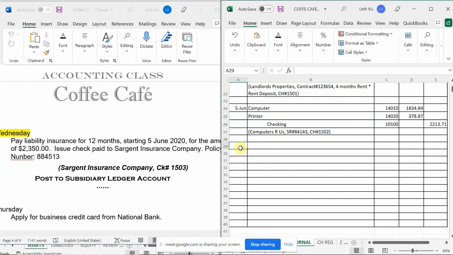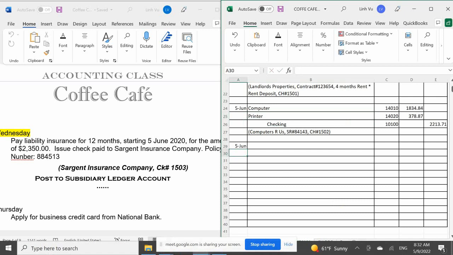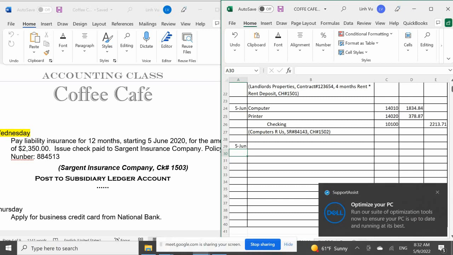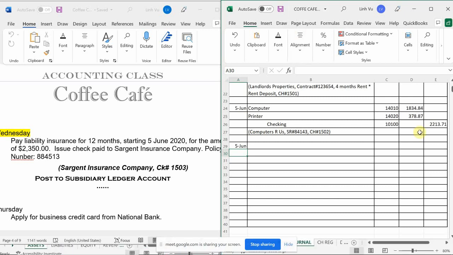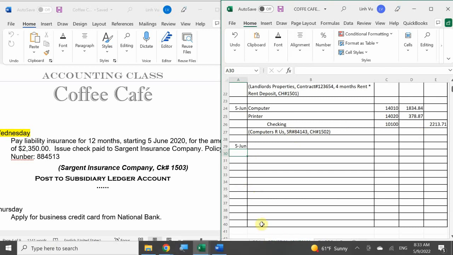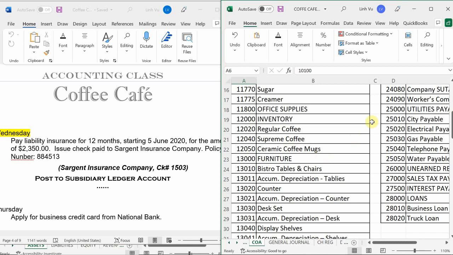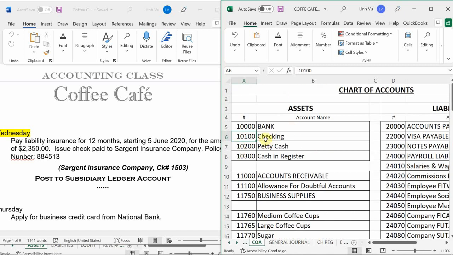So here we're making a payment to Sargent Insurance. So how should we record this? We bought a 12-month insurance policy plan, and we paid with a check. We paid with a check, so we know it's going to come out of our checking account.